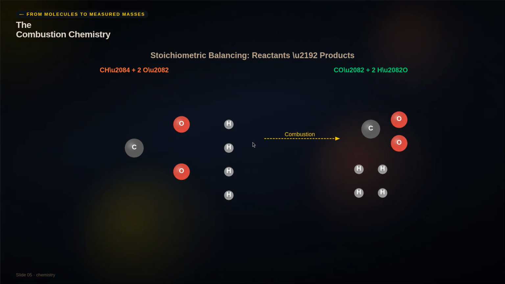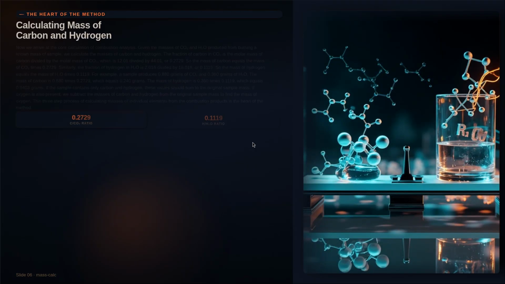The molar masses connect the measured masses. 1 mole of CO2, 44.01 grams, contains 12.01 grams of carbon. 1 mole of H2O, 18.016 grams, contains 2.016 grams of hydrogen. These ratios are the foundation of every combustion analysis calculation.